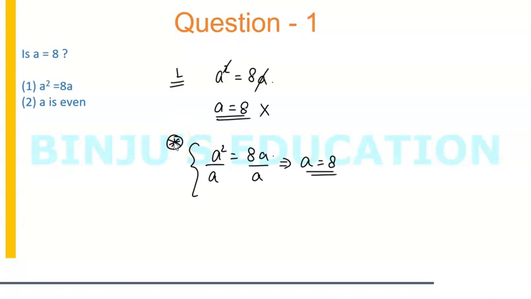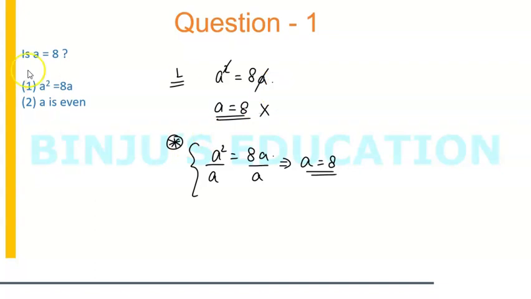This division by A is applicable only when A is not equal to 0. If A is equal to 0, then anything divided by 0 is not defined. Even 0 by 0 is not defined. So in this case, we can't divide by A or cancel both sides with A.